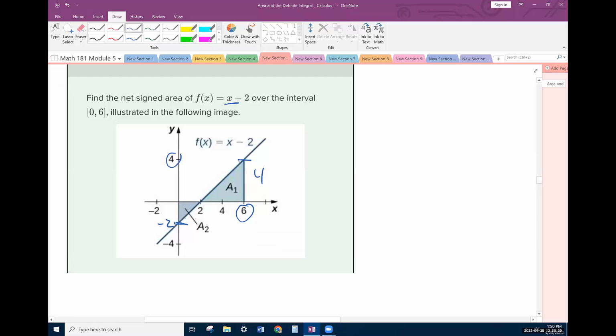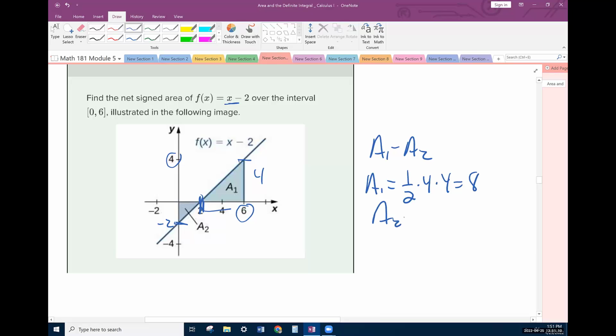So if we have this one, they call this area 1, that area 2. They want area 1 minus area 2. What's your calculation here for area 1? What's the base of our triangle? From 2 to 6 is how far? 4. So 1/2 times 4 times the height, which is 4. So that's going to be 8.